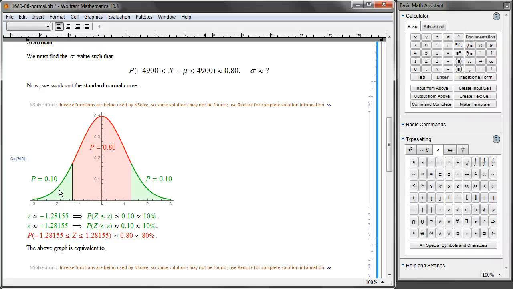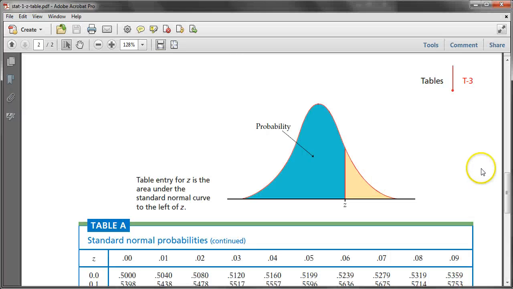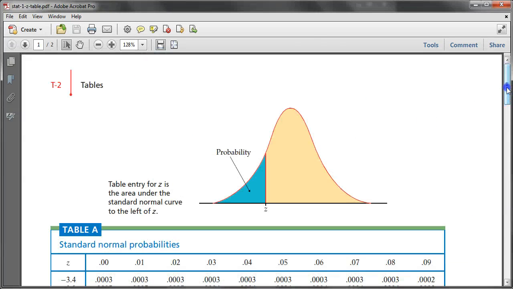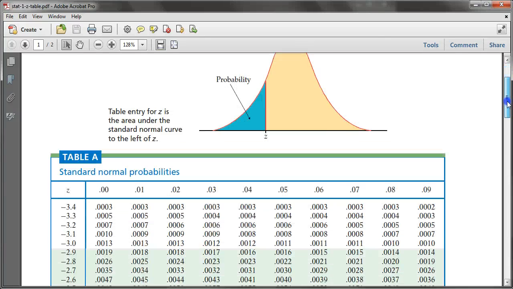The lower 10%, this picture, if you focus upon this green region where my mouse is running around, that corresponds to the shaded region of page 1. And consequently, we have to look at 10%, not 80%, not anything else, but 10%.